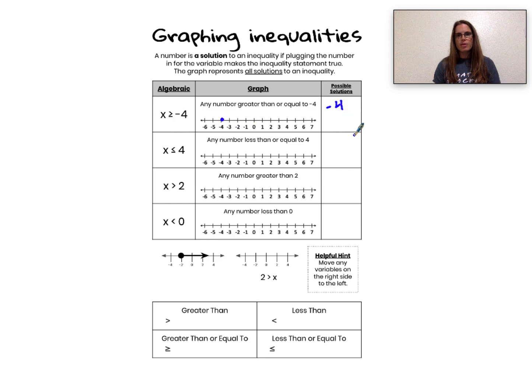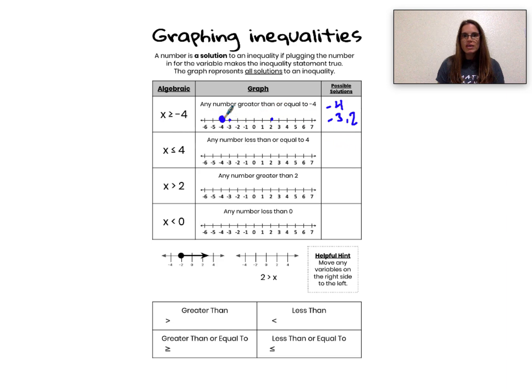What's another number that's greater than or equal to -4? How about -3? Yep, that's true. What about 2? Yep, 2 is also greater than or equal to -4. What about 5,000? Yep, that's also in the solution set.